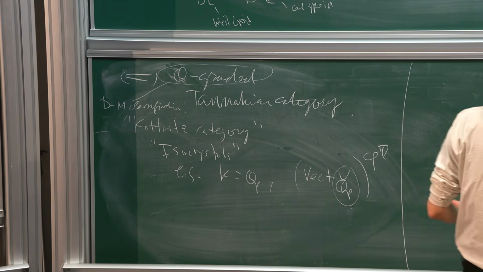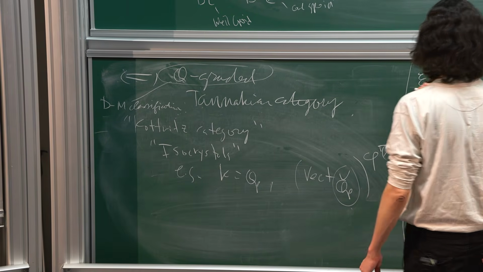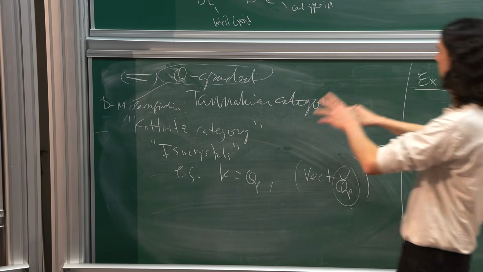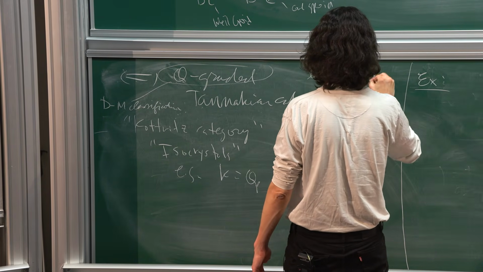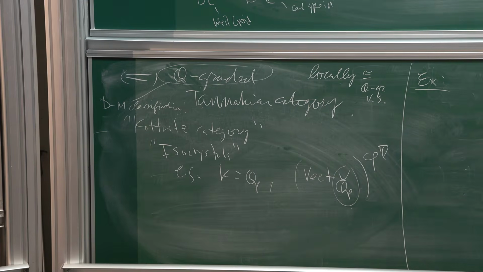Right, so Archimedean local field. So Q-graded Tannakian category, is there some compatibility between the Q-grading and the dimensions of objects under the fiber functor? Oh yeah, it should be a Q-graded Tannakian category which is locally isomorphic to Q-graded vector spaces. But that's it.